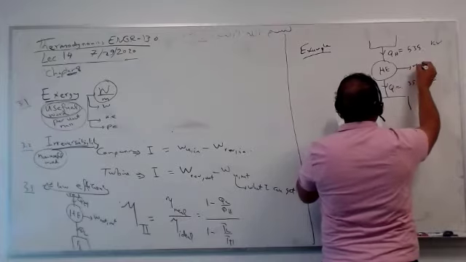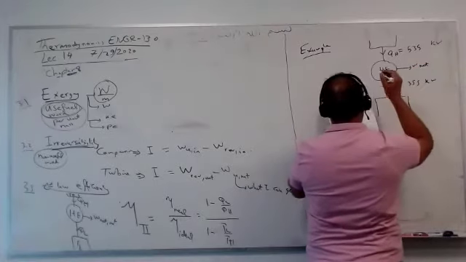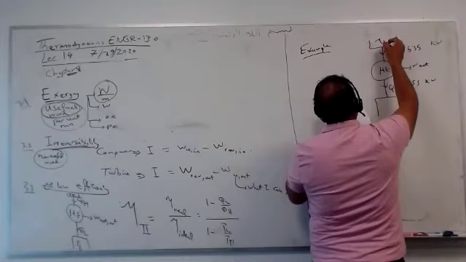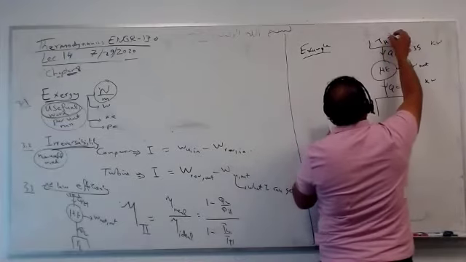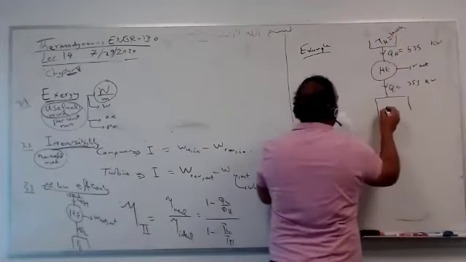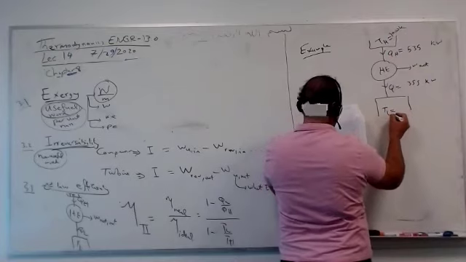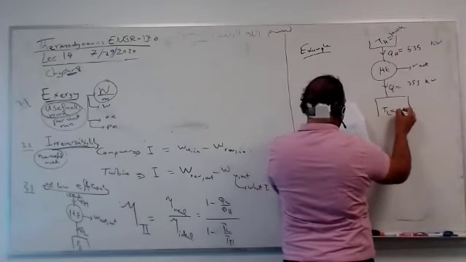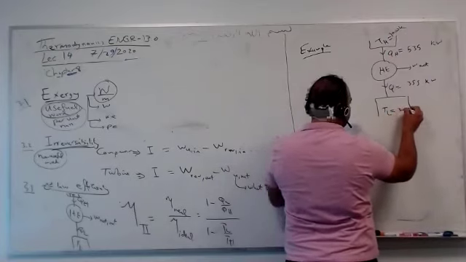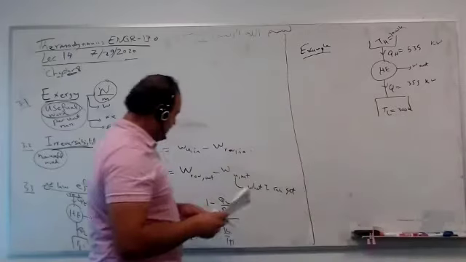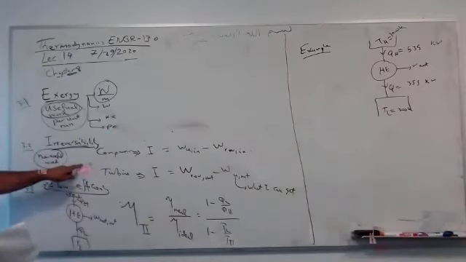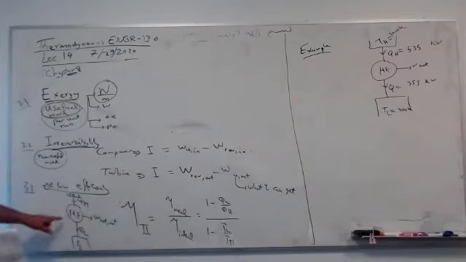You have W net out. T high was 1000 Kelvin and T low was 300 Kelvin. Let's find together the exergy, irreversibility, and second law efficiency.